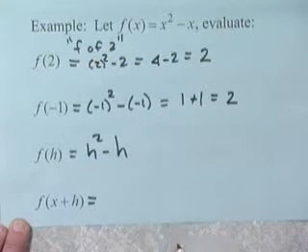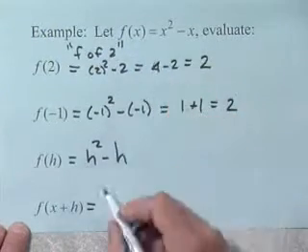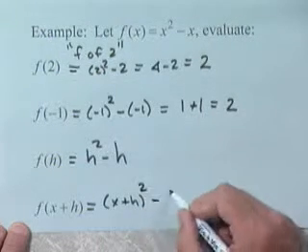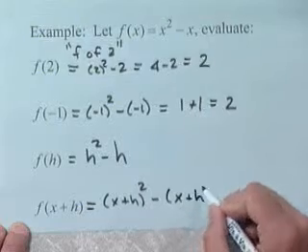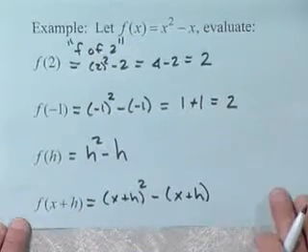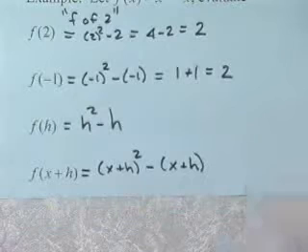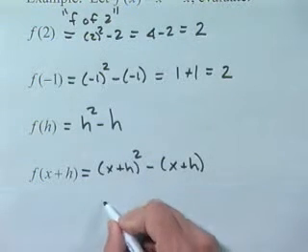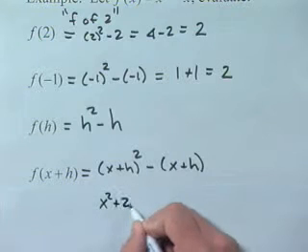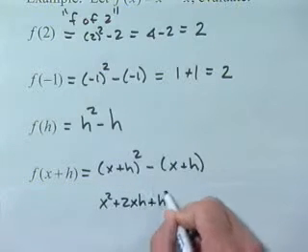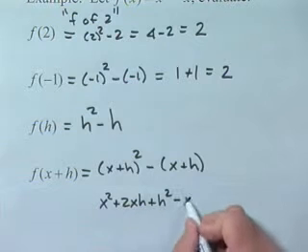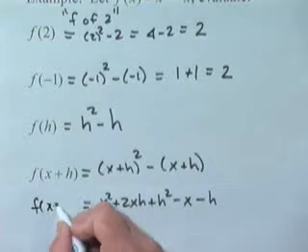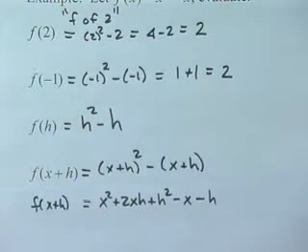So f of x plus h means x plus h squared minus x plus h. And we could work that out if we'd like. We can simplify. x plus h squared is x squared plus 2xh plus h squared minus x minus h. So that is also f of x plus h.